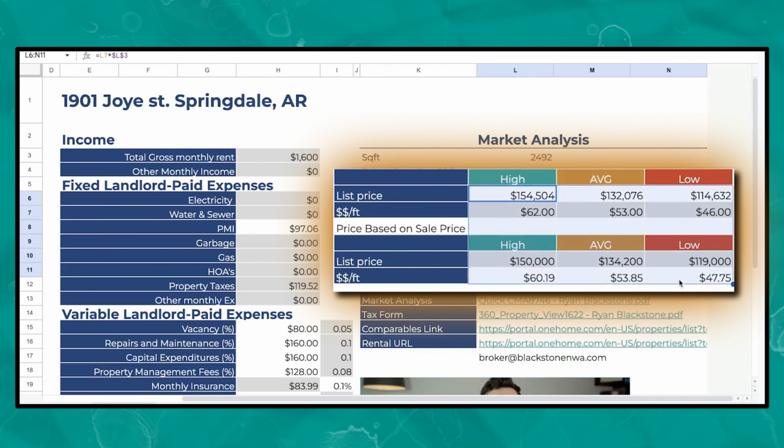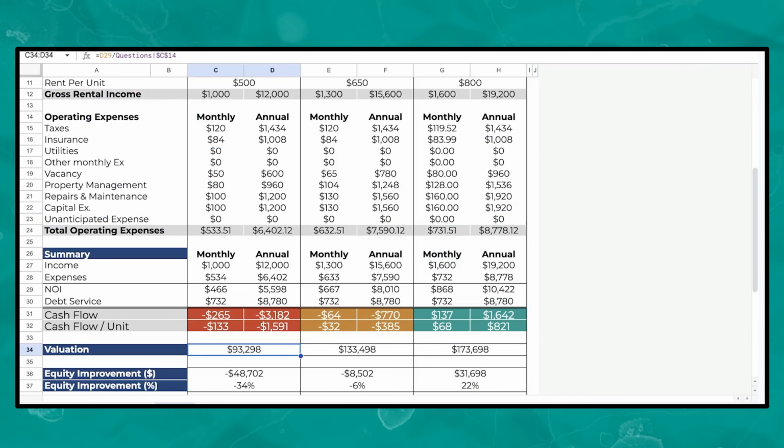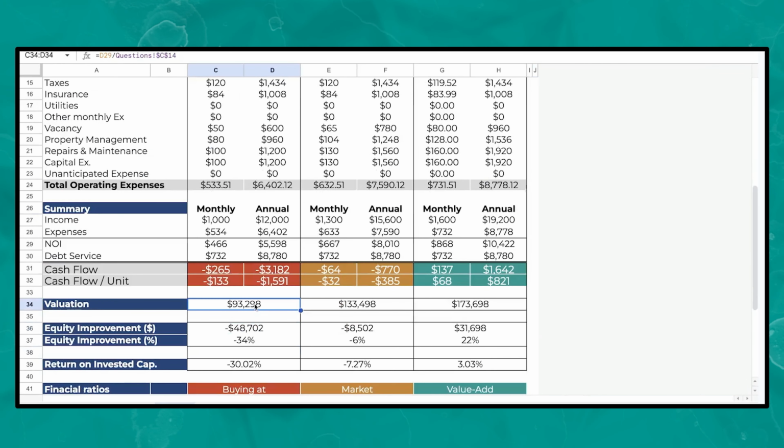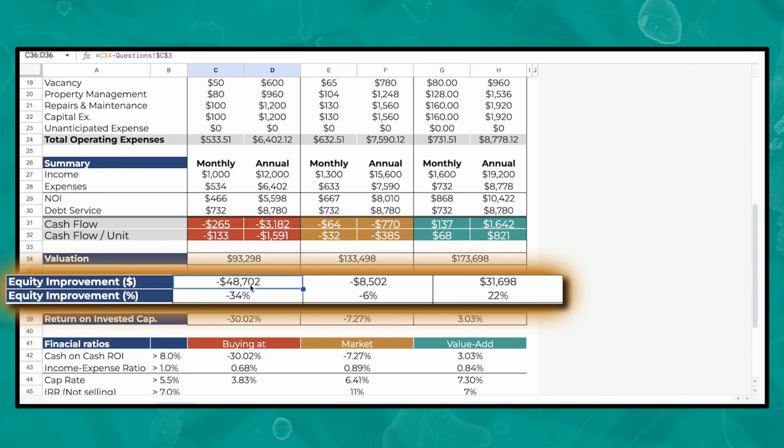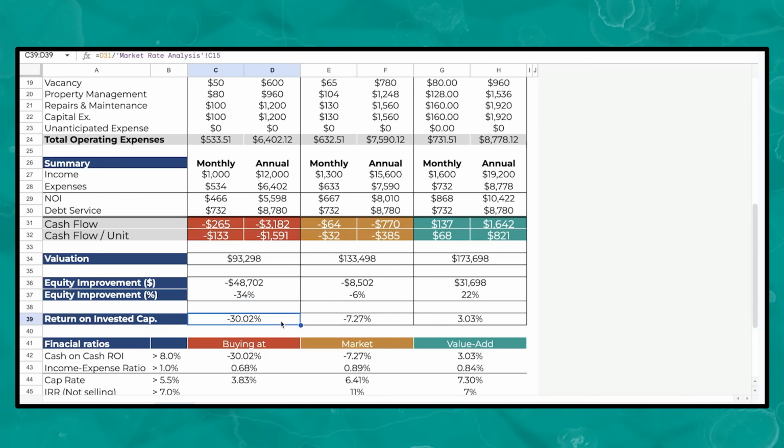Those are market rate comparables, whereas this valuation is solely based off of what is the income it's making, right? Now, you could talk about what the equity improvement is, which is what you're purchasing it versus what the valuation is at that moment, and then expressed not only by a dollar amount, but then a percentage amount. And then return on invested cap, you have that as well. Really, financial ratios are just a measuring tool to see, is this deal worth it to me or not?